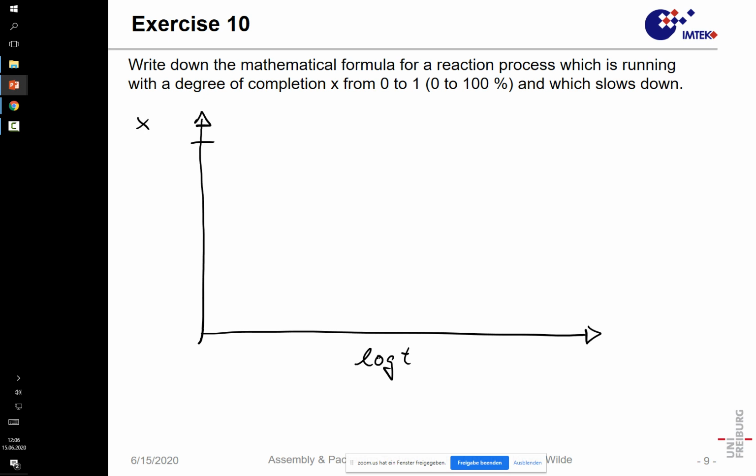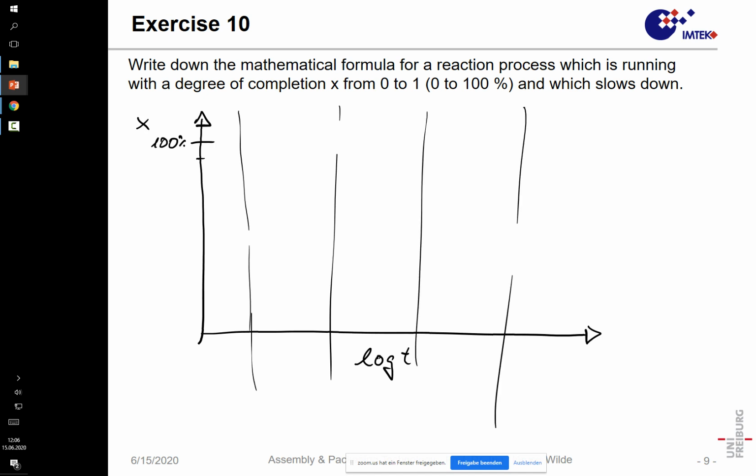So a reaction typically cannot be more than 100%, or x is 1, so let's say 100%. And here we have, let's say, the times 10 and so on. And here we can say a typical reaction goes that way. It starts a little slower, and it goes up, and in the end it almost reaches 100%.